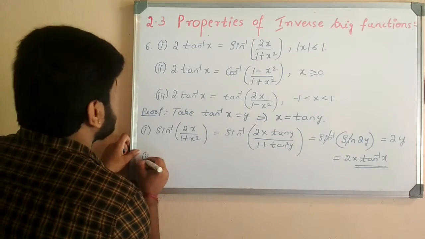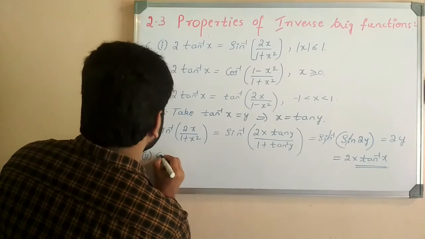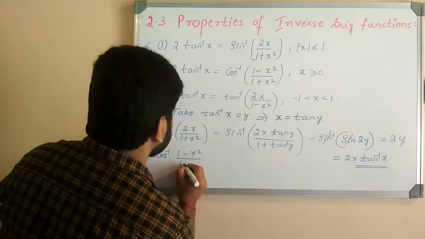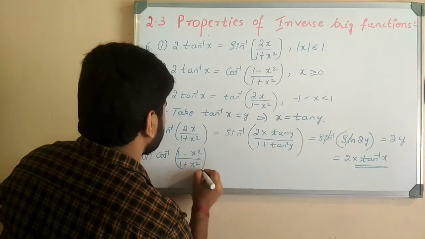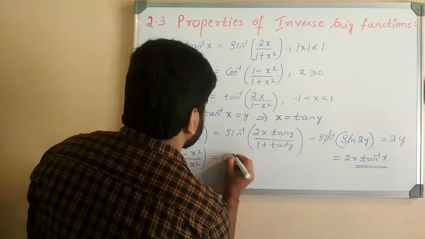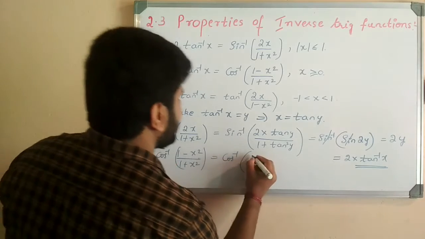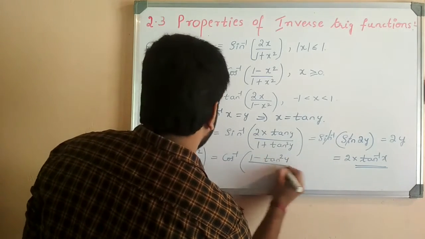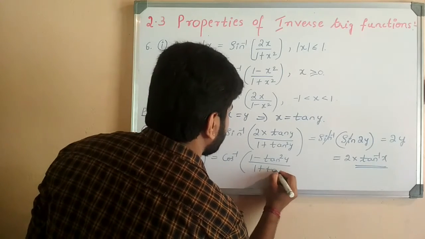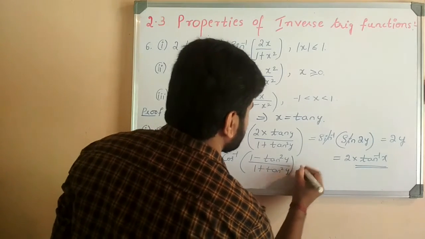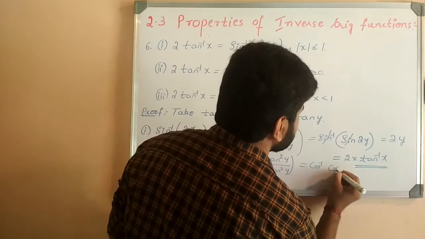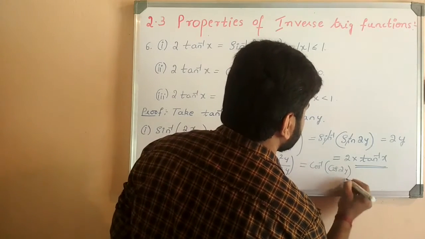For second property, cos inverse of 1 minus x square divided by 1 plus x square. So cos inverse of 1 minus x square means tan square y divided by 1 plus tan square y. So this is the formula for cos 2y.